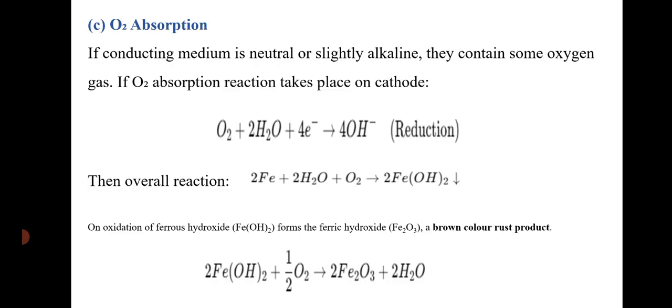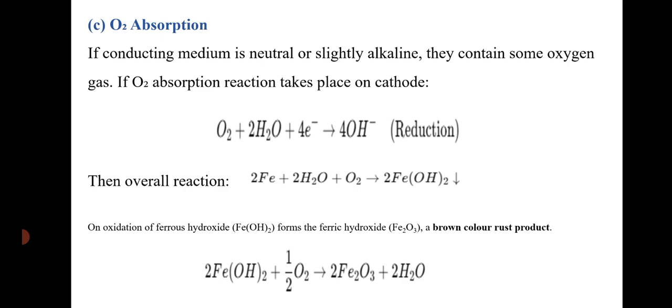The oxygen reacts with the water molecule and forms hydroxide ions. If we see the example of iron metal, Fe forms Fe hydroxide. These hydroxides then react with the metal ions from the anodic regions, leading to the formation of metal hydroxides, which later convert into rust or corrosion products.